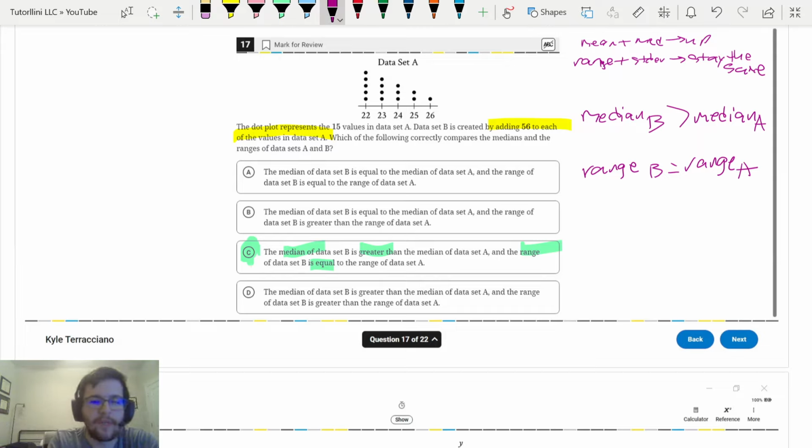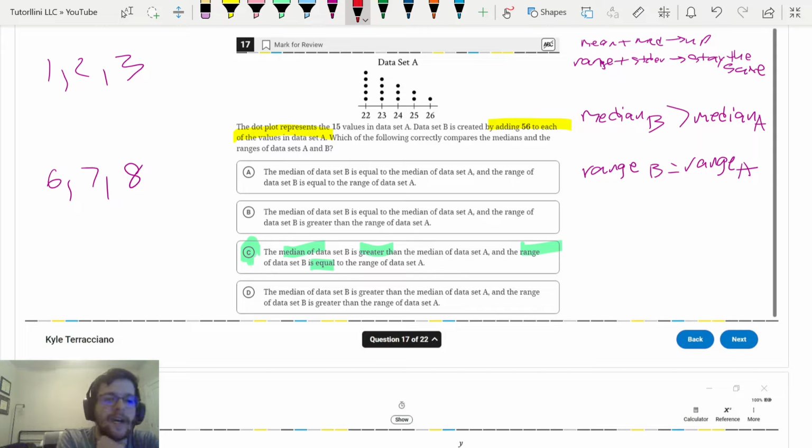So just as an example, this is something you can do. When you're not sure what to put, you could think of a simpler problem. This is what I did on the other one. I think I did 1, 2, 3, and then I added 5, so 6, 7, 8. So you see how the median of this one is 2, and the range is max minus min, so 3 minus 1, which is also 2.